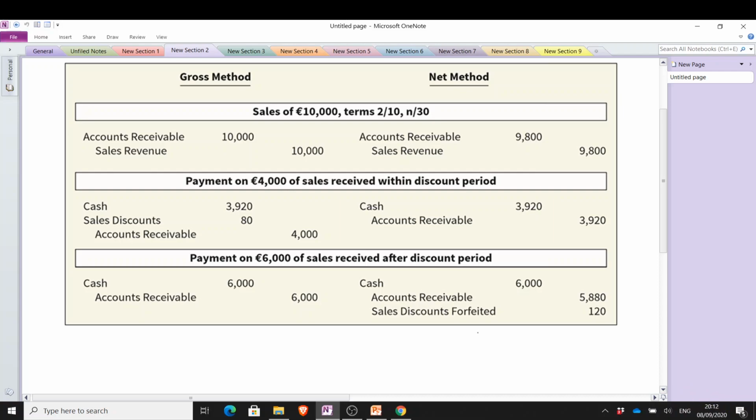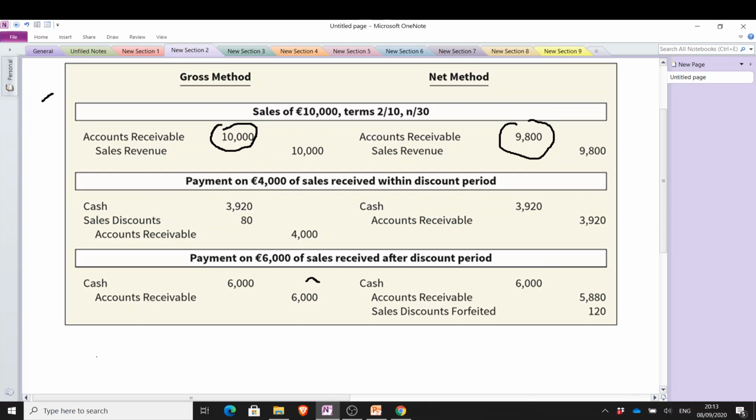When we use the gross method, I want you to focus on this accounts receivable here and accounts receivable here. The sales is 10,000 euros with terms 2/10, net 30, so we write our journal entry here: accounts receivable of 10,000.